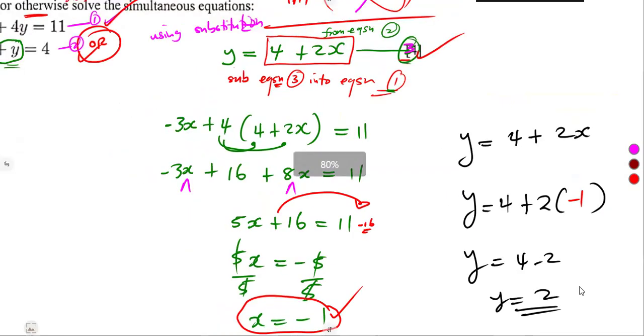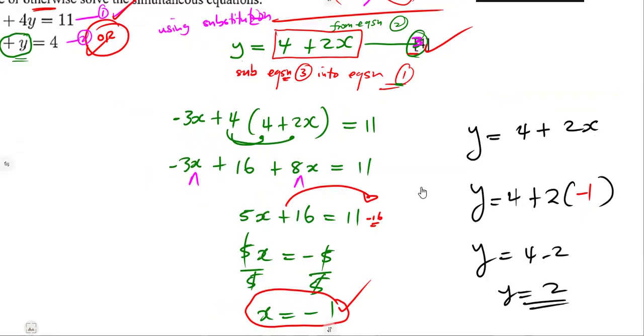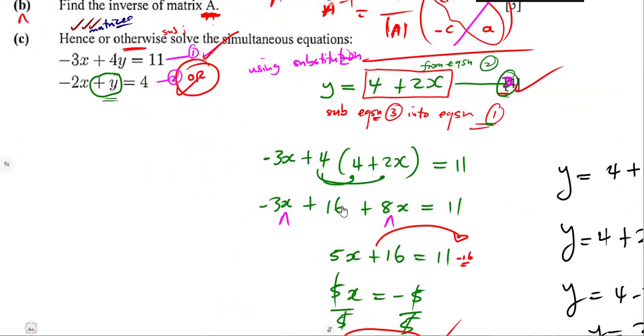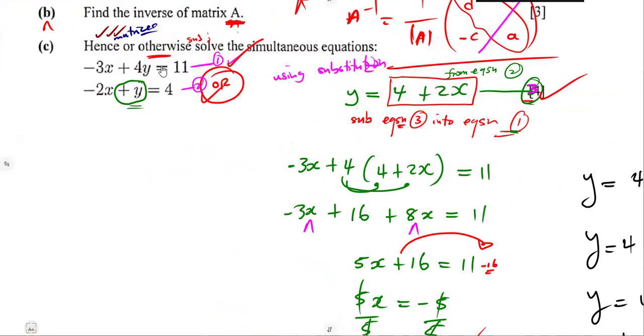So these are the typical questions that you must try to work out as you are doing your revisions. Try by all means to work out typical questions like these. Choose the method that you do understand. It is not about matrices here. If you understand elimination method, use that one.